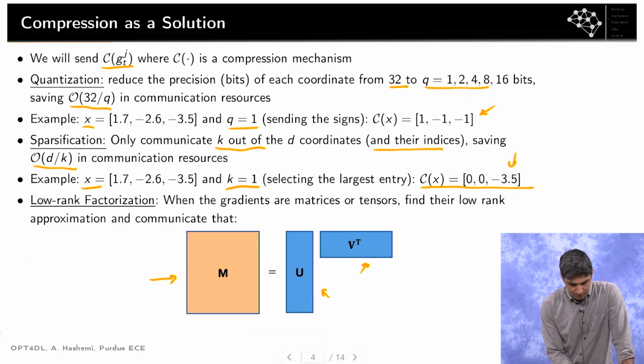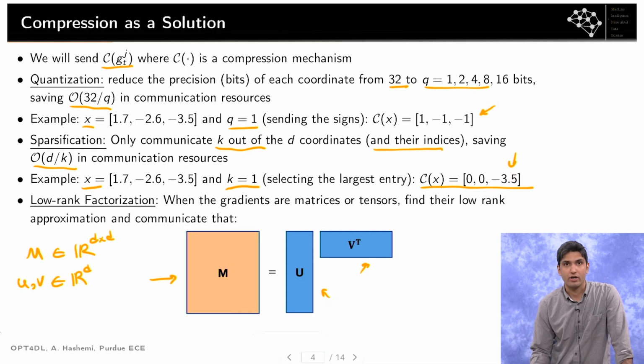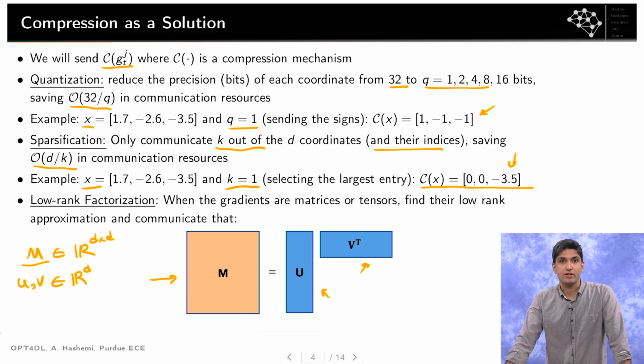For instance, let's say M is d by d, okay? And let's say U and V are actually vectors, so they are only in R^d. So if I were to find this low-rank factorization, what I would be sending would be 2 times d. So I would be sending 2 times the coordinates. Whereas if I were to use full precision communication, I needed to communicate d squared number of coordinates. So I would be saving a factor of d in my communication resources.